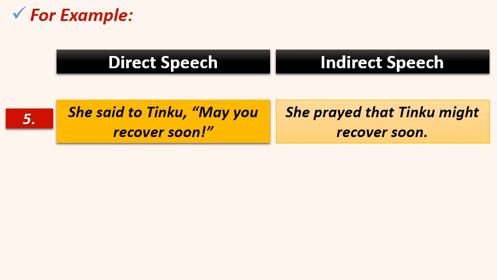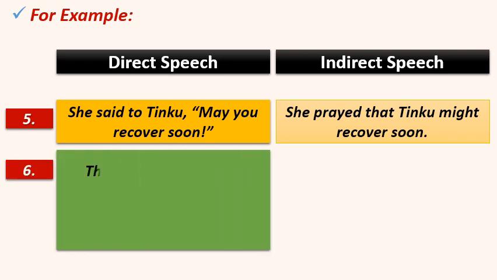So the sentence will be, she prayed that Tinku might recover soon. Fine. So according to feeling or sense, we have to use the reporting verb according to the feeling or sense of the sentence.